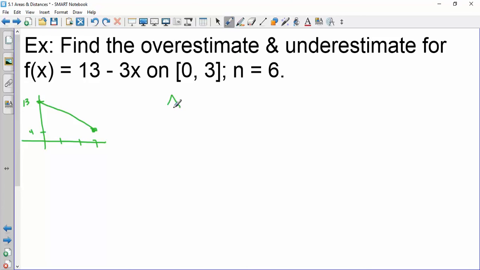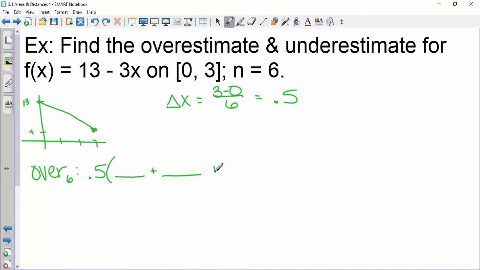So, first let's find our change in x. This one ends at 3, starts at 0, dividing into 6 pieces. So 3 over 6 is 0.5. So our overestimate was 6. We'll do 0.5, and then we have to add 6 things together.